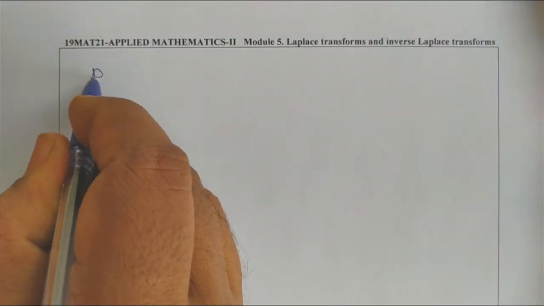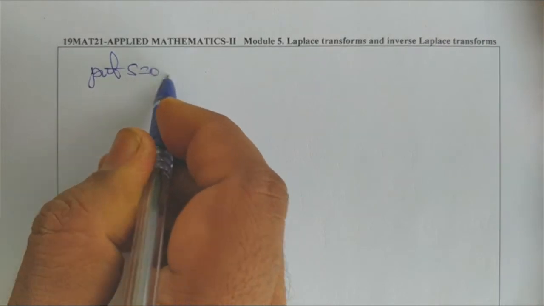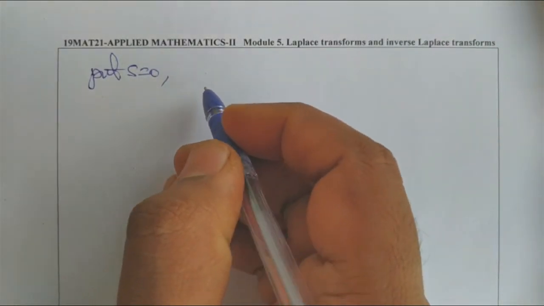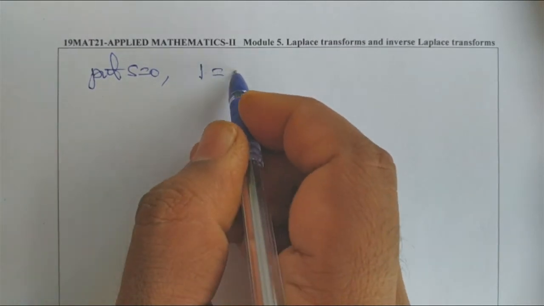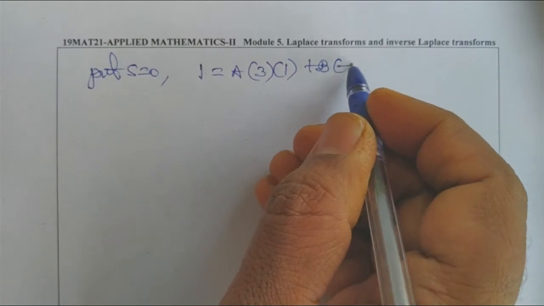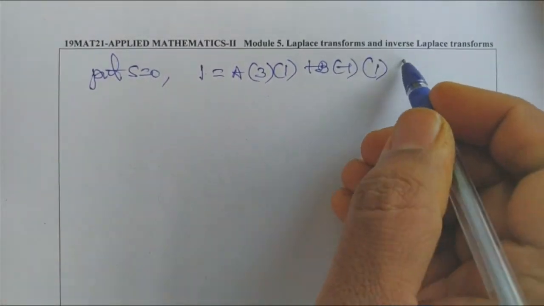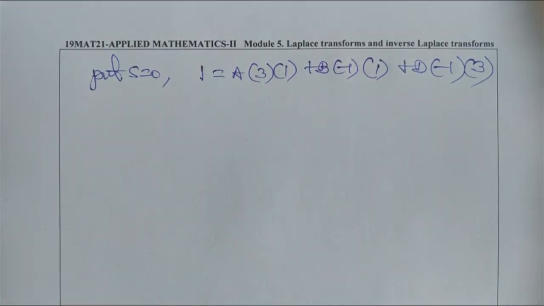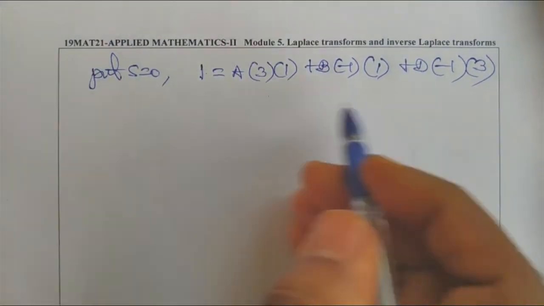Now put s = 0. When we put s = 0, we get 1 is equal to A into 3 into 1 plus B into −1 into 1 plus D into −1 into 3. So substituting, we get this.